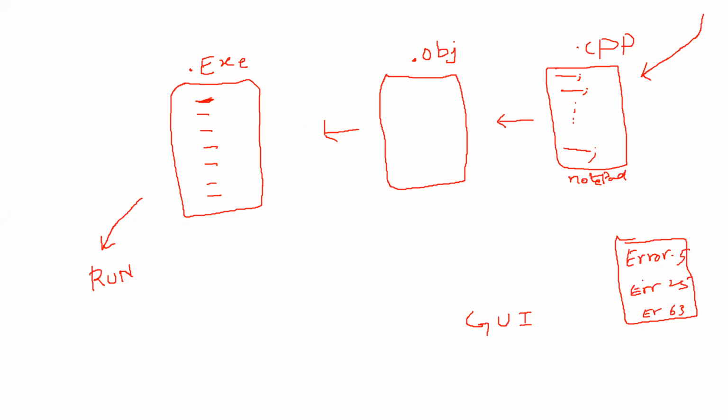All errors are shown during translation. And now the user has to remove all of these errors. After removal, the translation is started again, and if all errors are rectified accordingly, the exe file is formed and the lines of code are executed. The compiler will run them one by one. So that is the major difference between the working of a compiler and an interpreter.